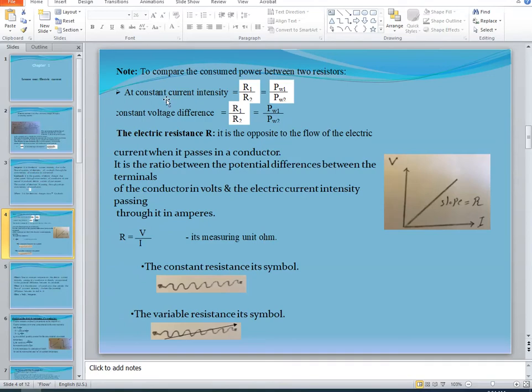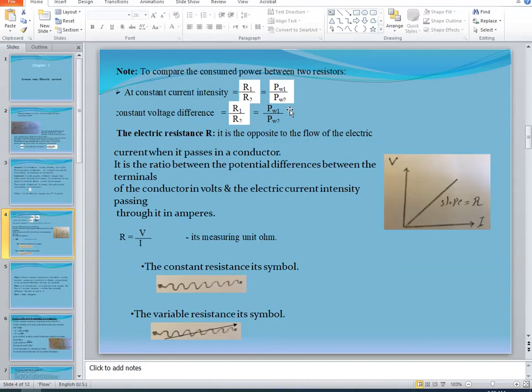What about the parallel connection? Parallel connection means the resistors are connected on different branches, so V will be constant. If V is constant, PW1 will equal V1 power 2 over R1 and PW2 equals V2 power 2 over R2.